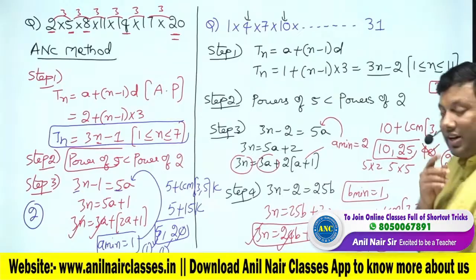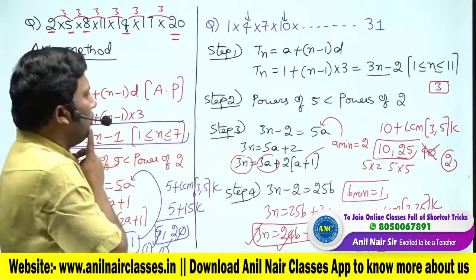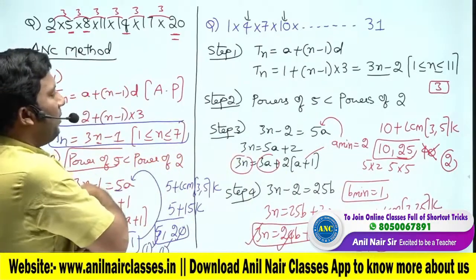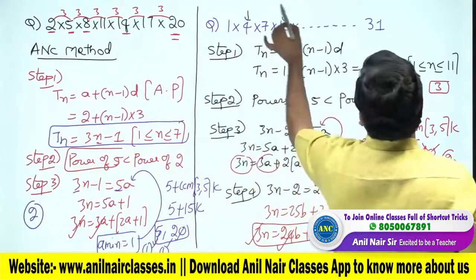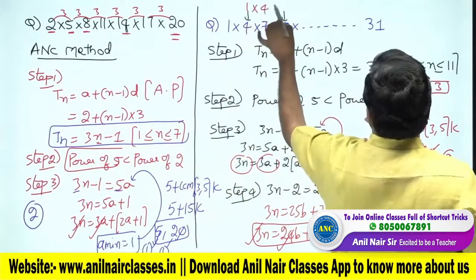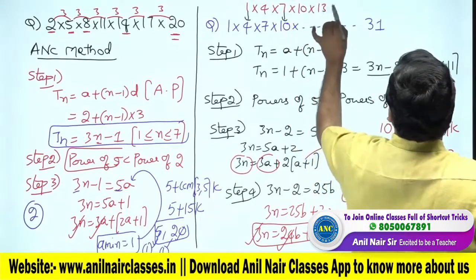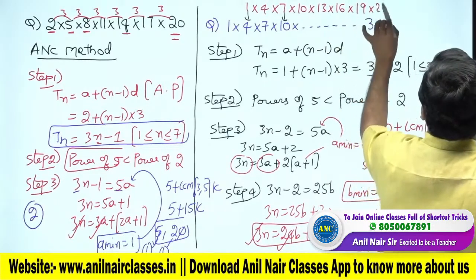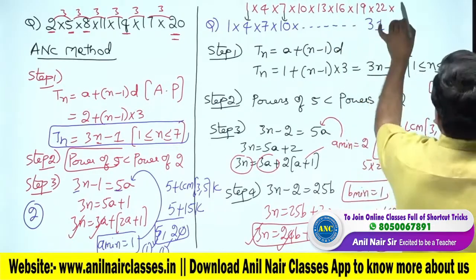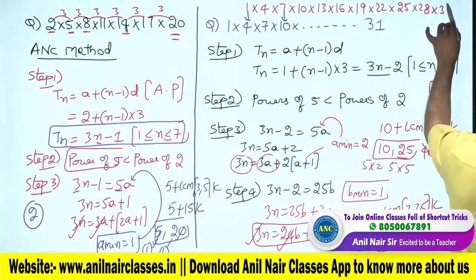I hope the logic is clear. Power of 5 is less than power of 2. Even if you solve it orally, what will be the series? 1 into 4 into 7 into 10 into 13 into 16 into 19 into 22 into 25 into 28 into 31.